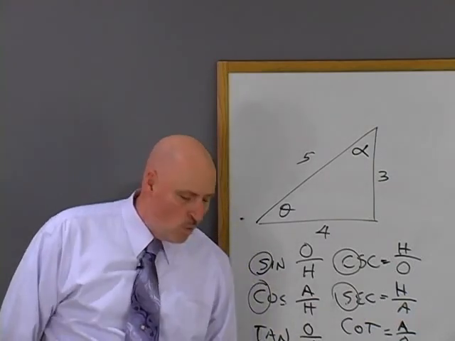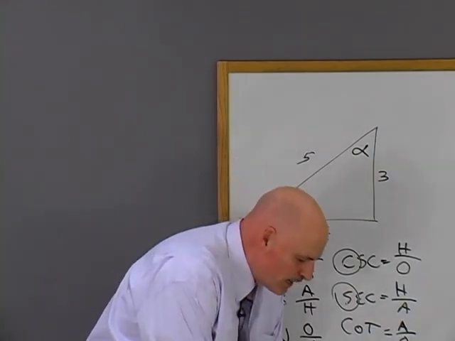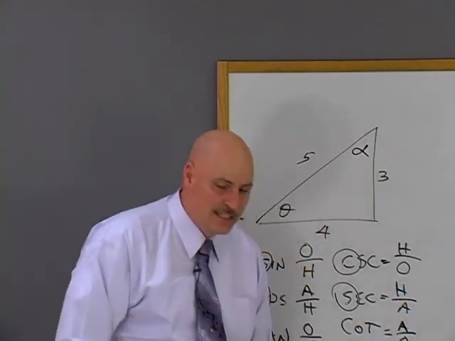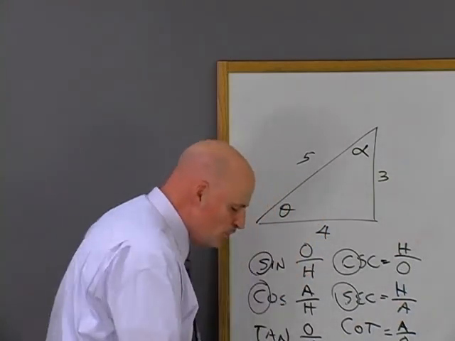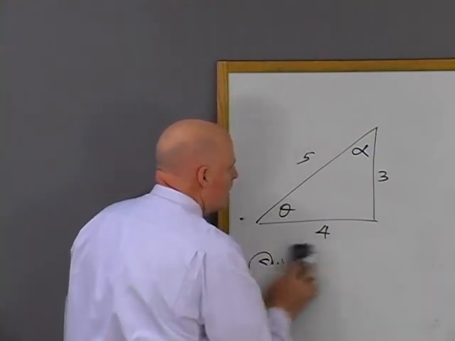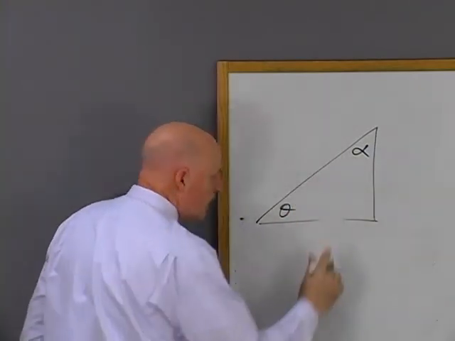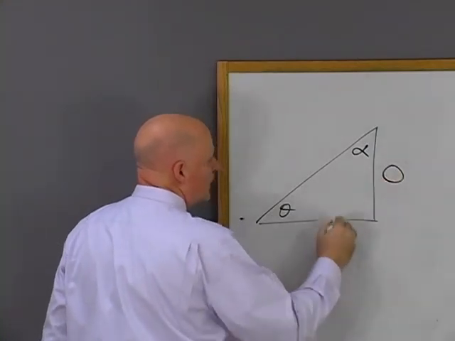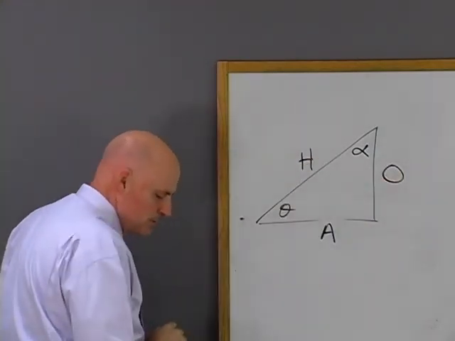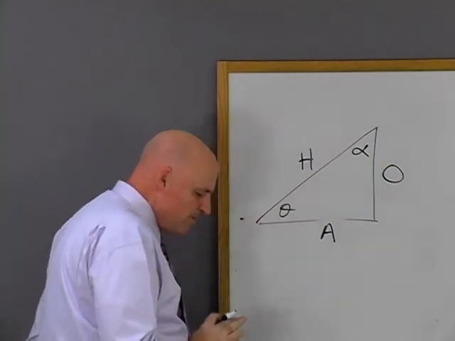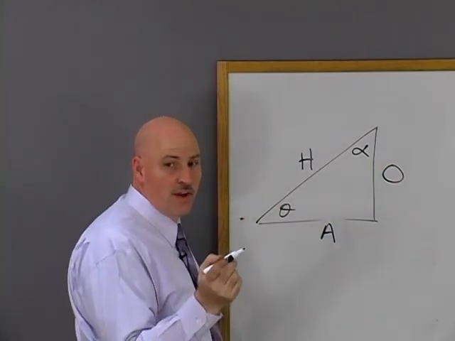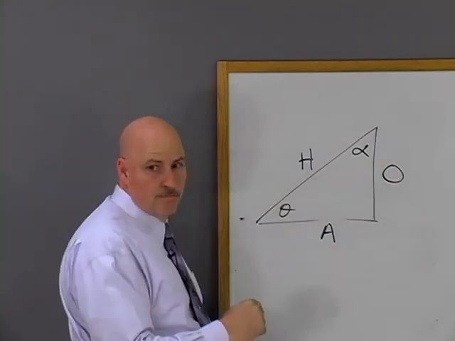And there's one more trigonometric identity, which you could figure out from what you know of trig so far. I'm going to replace these numbers with the letters again: opposite, adjacent, hypotenuse. I'm going to start off by saying the Pythagorean theorem, which would be what using these letters?